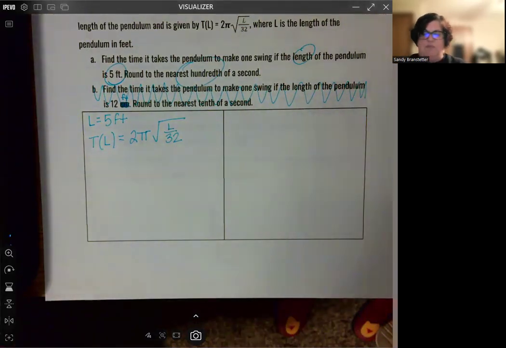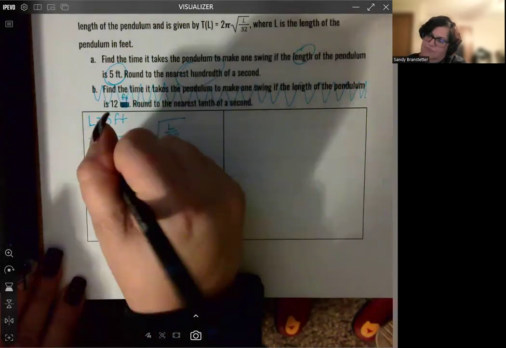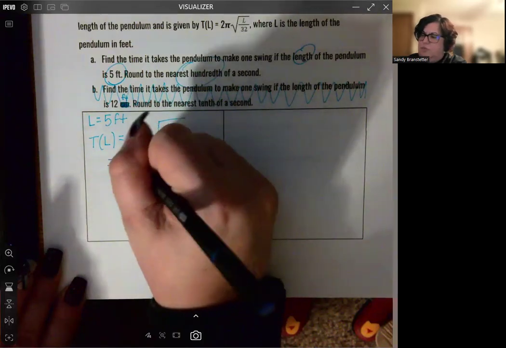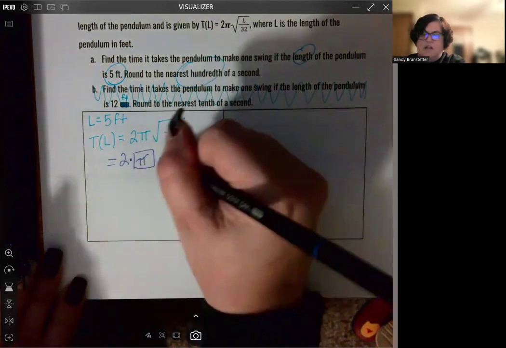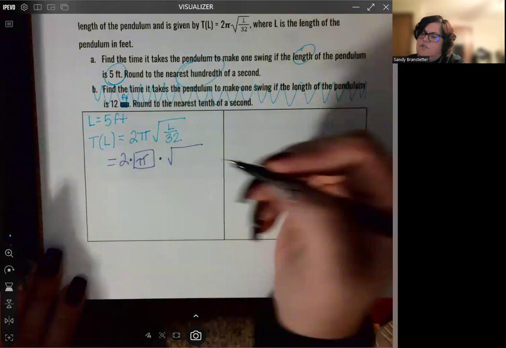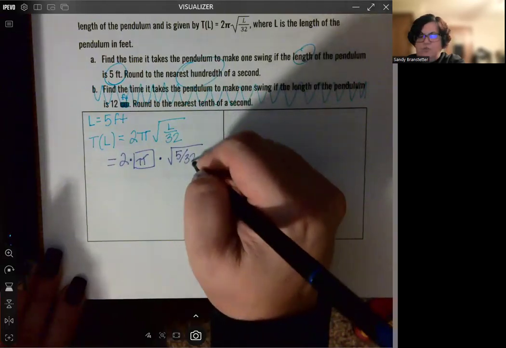Again, anytime we have pi, we want to use that button on our calculator. So I'm going to put it in a square to help you remember. 2 times the pi button times the square root, and inside the square root is 5 divided by 32.